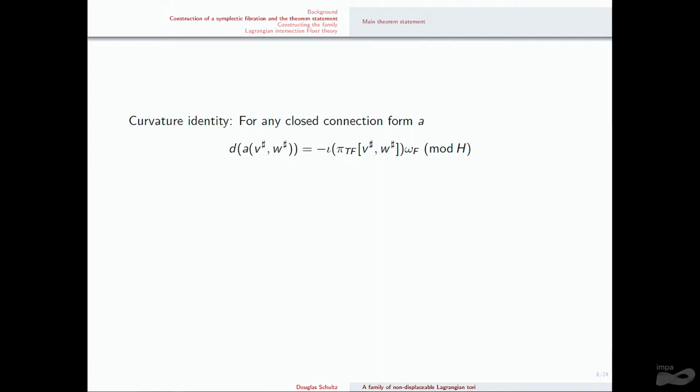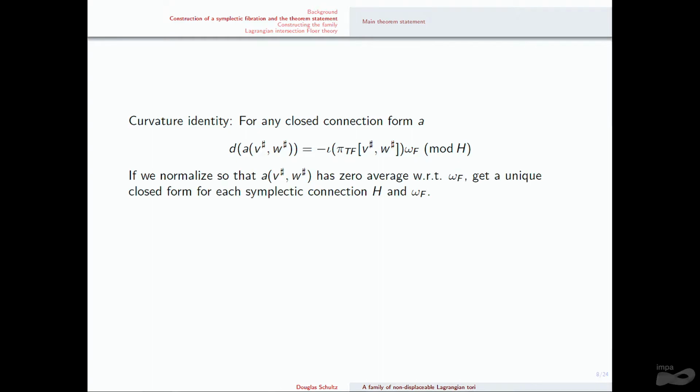So you can normalize and define A. You already know what it's supposed to be vertically, which is 0. And on the vertical distribution, you would define it to be this unique zero-average Hamiltonian for the curvature.